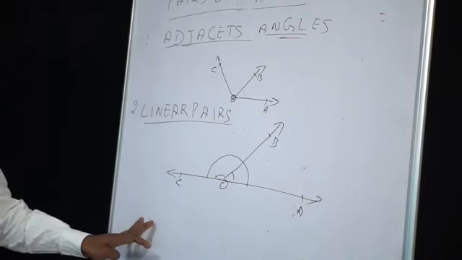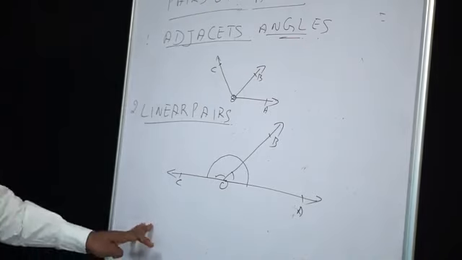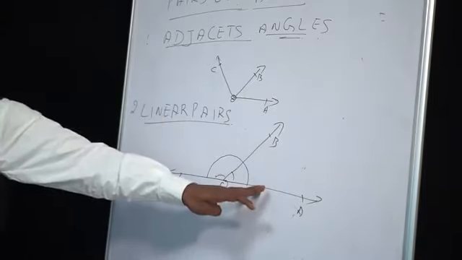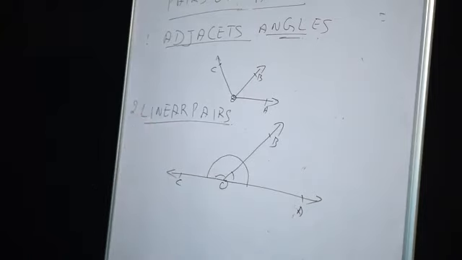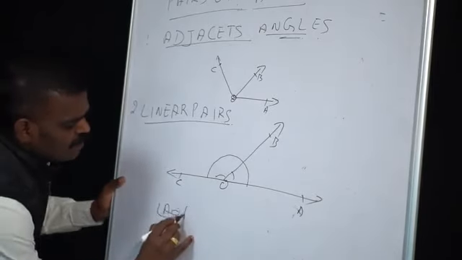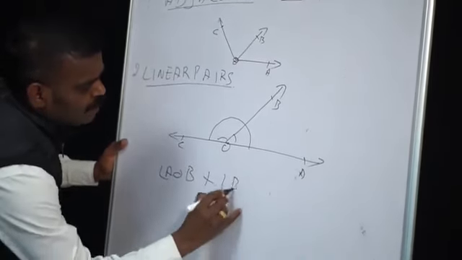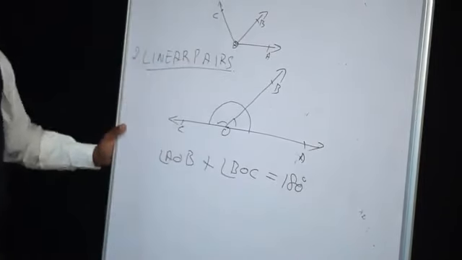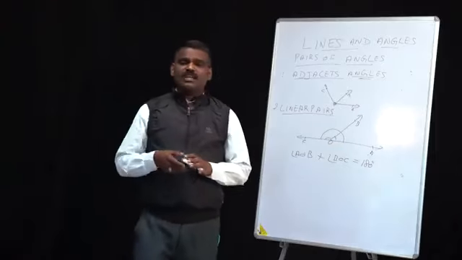How many degrees does a straight angle have? 180 degrees. So, the sum of a linear pair is always 180 degrees, it never changes. That is, angle AOB plus angle BOC together how many degrees? 180 degrees.